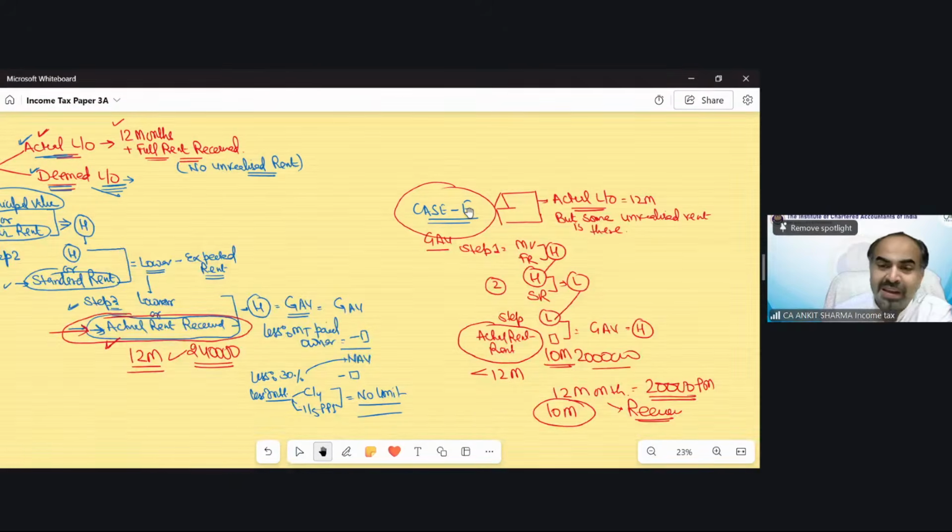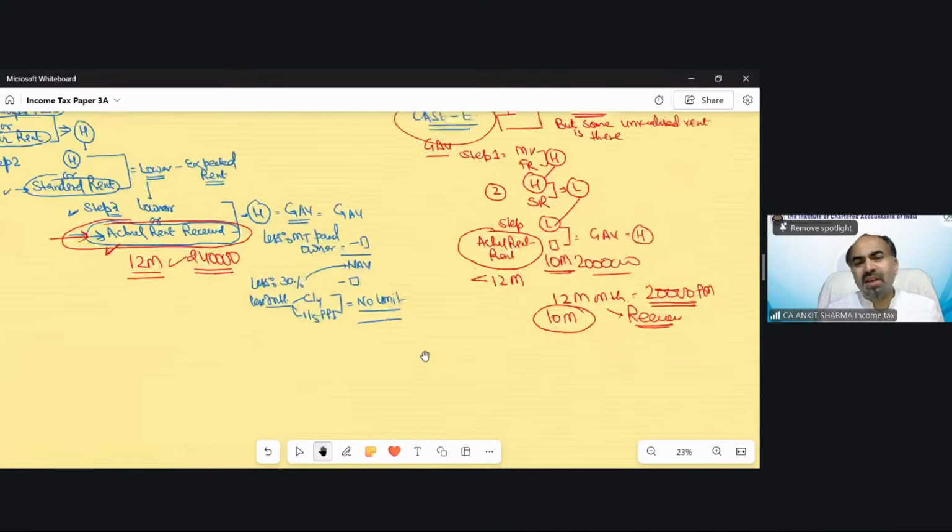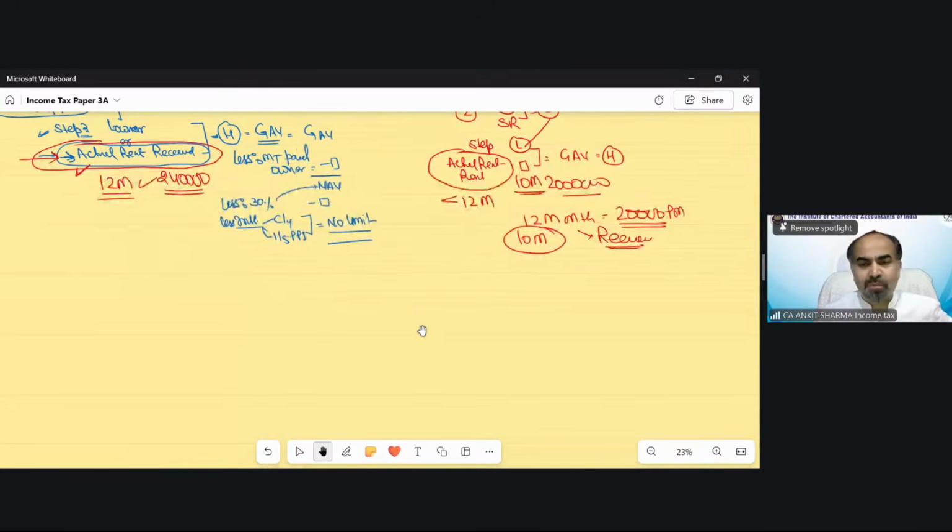If the property is let out for 12 months but rent received is less, that would be case number E. So in case D and E, property is let out for 12 months, but rent received depends. If rent received is less, it would be E. If rent received is full, it would be D.